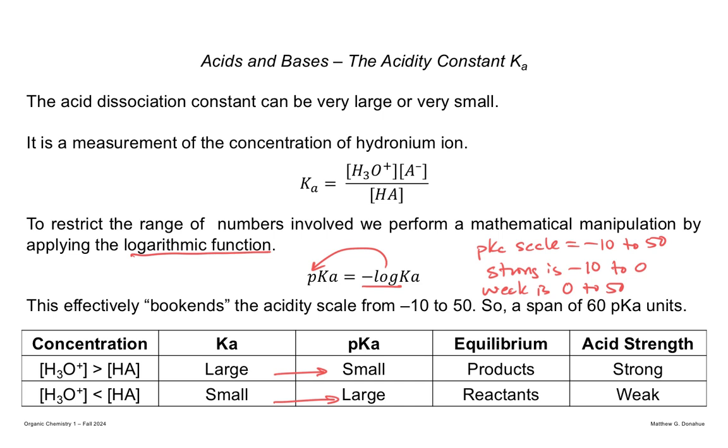And so we would define a strong acid as lying in between -10 to 0. So that's 10 pKa units. But a weak acid is 0 to 50. So that's much larger, right?